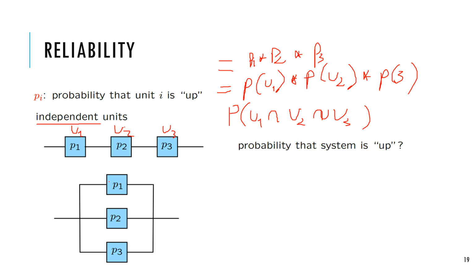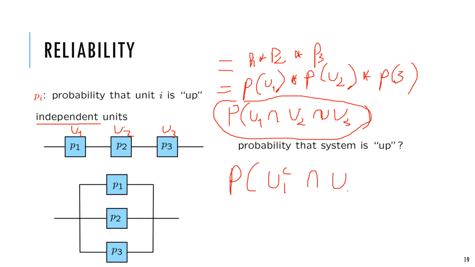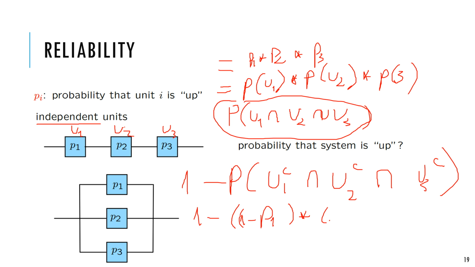If all of them fail, it means the probability of unit 1 fail and unit 2 fail and unit 3 fail, and the probability of the system being up is 1 minus (1 minus P1) multiplied by (1 minus P2) multiplied by (1 minus P3).